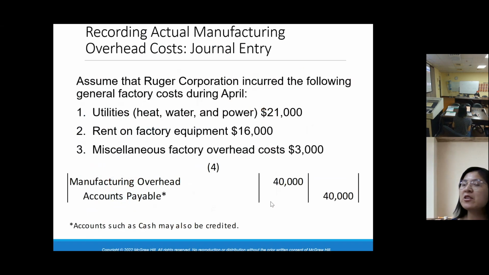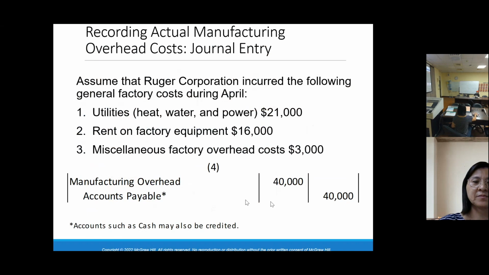Assume that Roger Corporation incurred the following general factory costs during April: utilities 21,000, rent on factory equipment 16,000, and miscellaneous factory overhead cost 3,000. They are all other overhead, right? So you also incur manufacturing overhead of 40,000, that's 21 plus 16 plus 3. So manufacturing overhead increases by 40,000, and you have other accounts payable, also 40,000. So one asset, the other a liability, same amount, still equal.